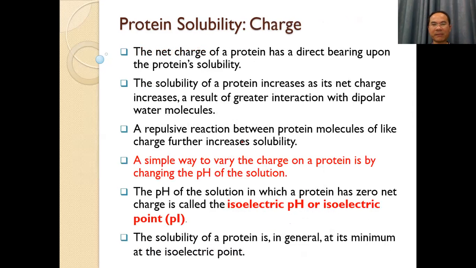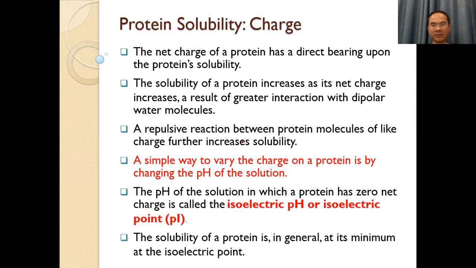The charge also affects the solubility. We know that protein has a charge. When protein is dissolved in water, it is ionized into negative and positive charges. The net charge of a protein has a direct bearing upon the protein solubility.